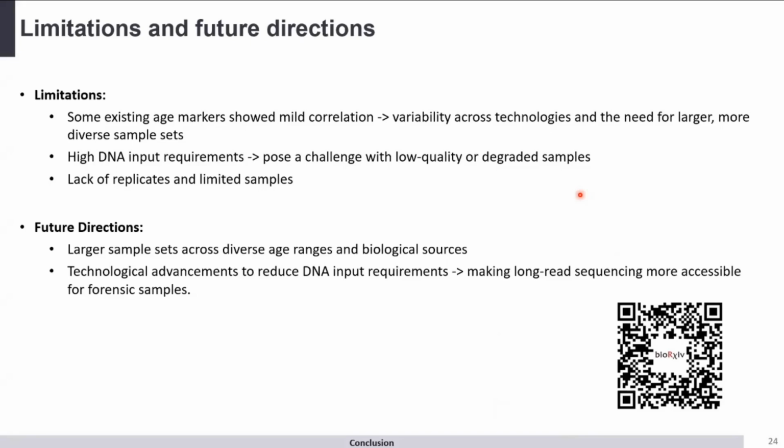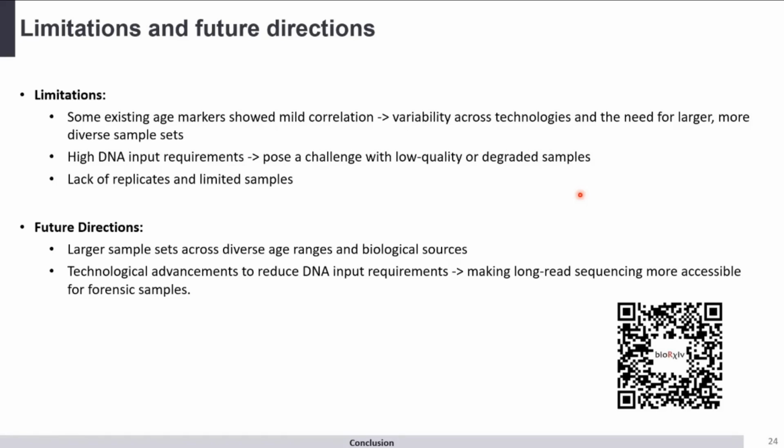Secondly, the high DNA input requirement for nanopore sequencing presents a major limitation, especially when dealing with low quality or degraded samples, which are all too common in forensic contexts. This limitation emphasizes the gap between the ideal laboratory conditions and the gritty reality of forensic work. Our study's scope was also limited by the lack of replicates, limited samples, and the diversity of our sample set.